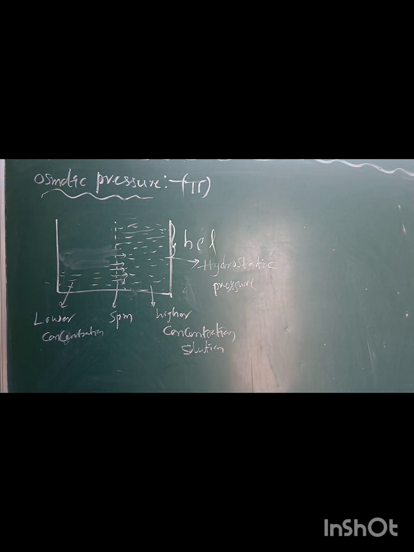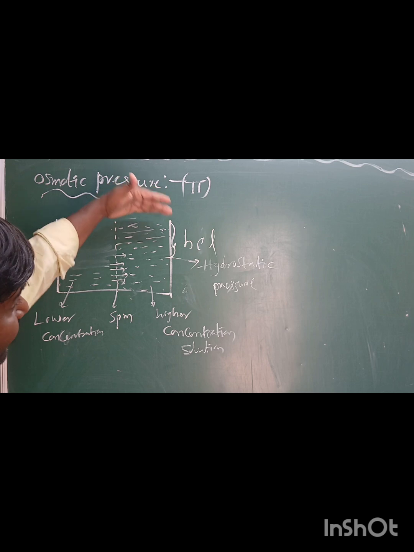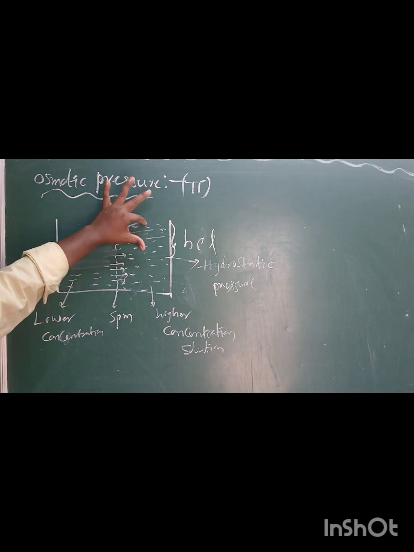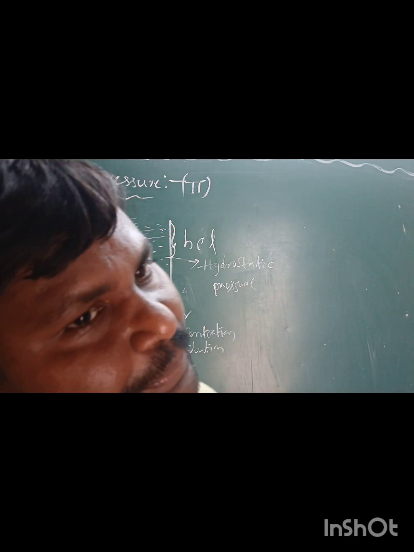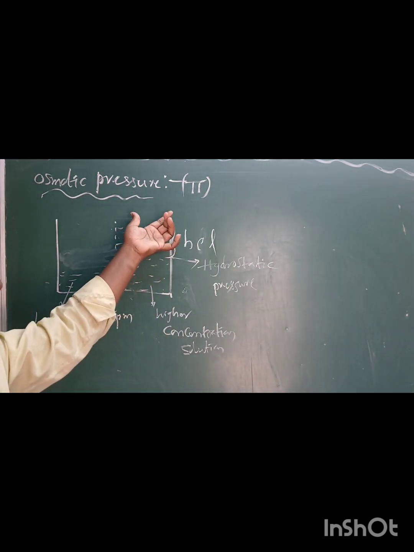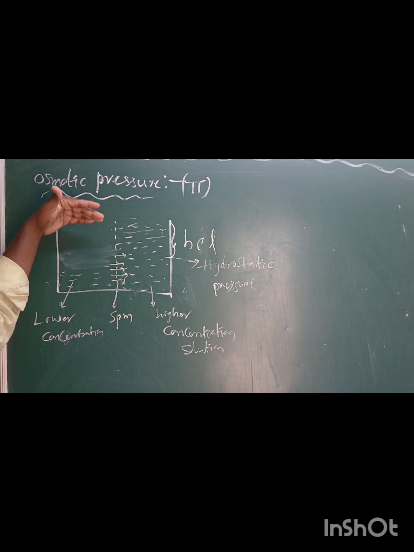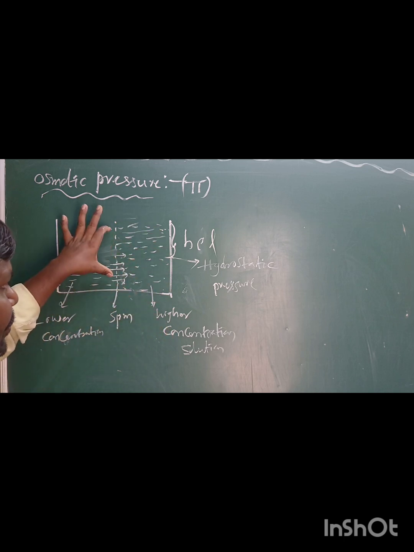The excess hydrostatic pressure is developed on the higher concentration solution side to just stop the flow of molecules from lower concentration to higher concentration through the semi-permeable membrane, and it is called osmotic pressure.